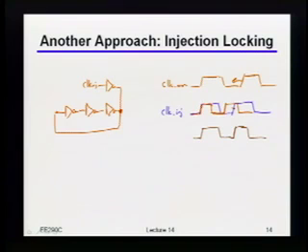Or to say it another way, this oscillator here is always going to be chasing that injection clock somewhat, right? And because it's chasing it, how much it has to chase it tells you how far off it's going to end up in steady state. Okay? By the way, this effect is what's known as Adler's equation.